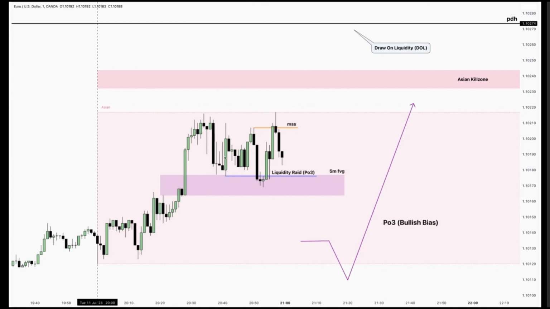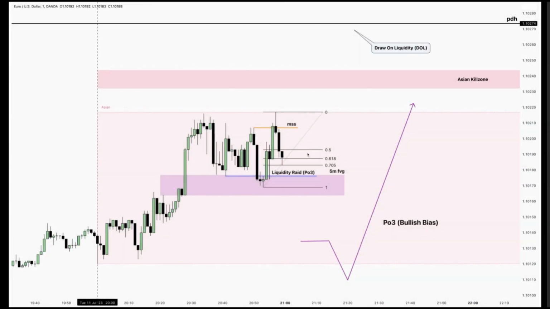As we can see, price moved up here, broke down for a couple of minutes before rushing back up again, breaking market structure. We've got a liquidity raid, power of 3 move here, so we can see consolidation, poke down, grab sell stops before going up again. Also, we've got confluence that it encroached into the 5-minute fair value gap.